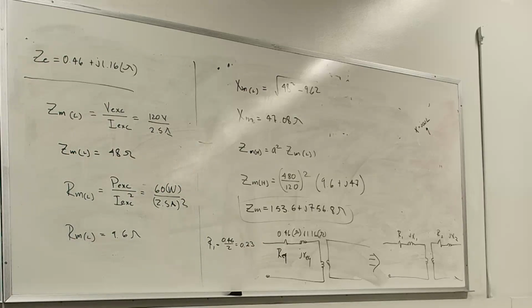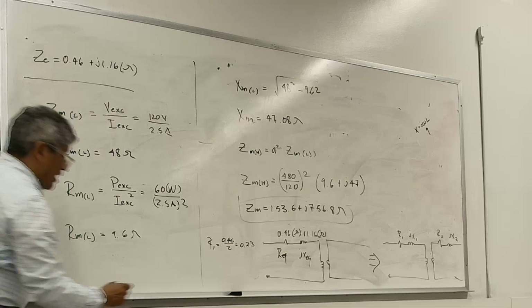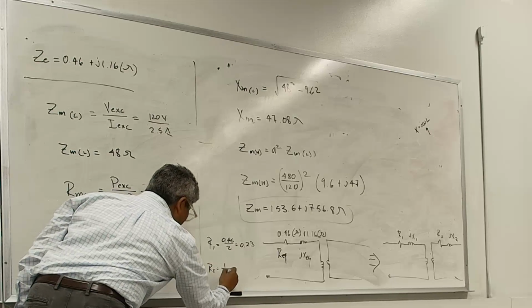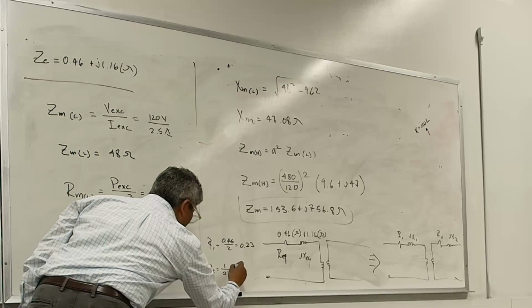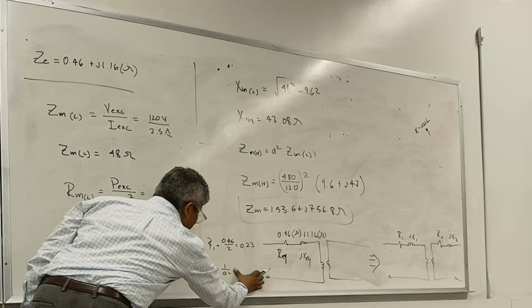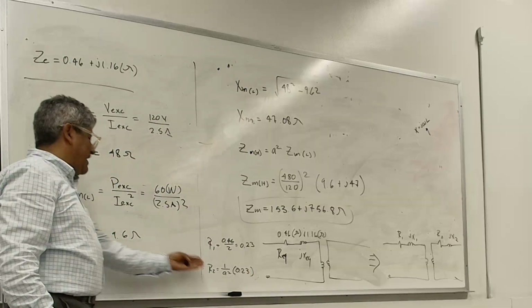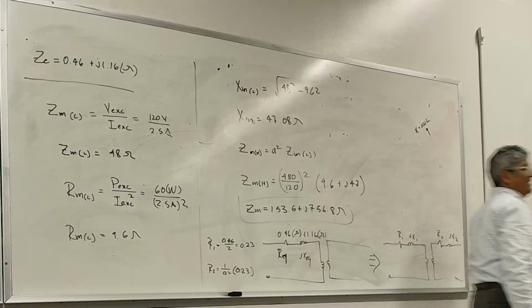Okay, that's R1. How do I get R2? R2 will be equal to 1 over a squared times, in this case, 0.23. That will be the value that I put on this side, right?